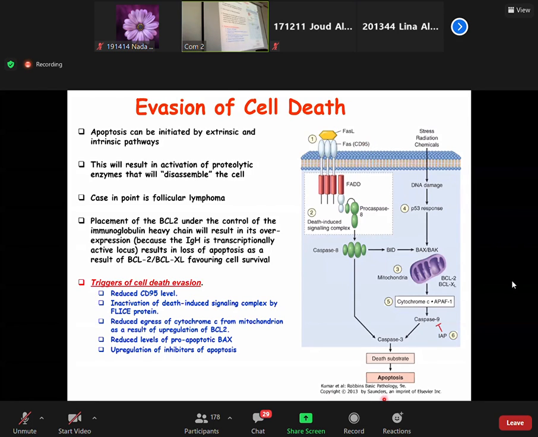All right, so death receptors and death receptor ligands. What are these? These are the CD95, which is part of the TNF family of receptors, the tumor necrosis factor family of receptors, also known as the FAS, and the FAS ligand.